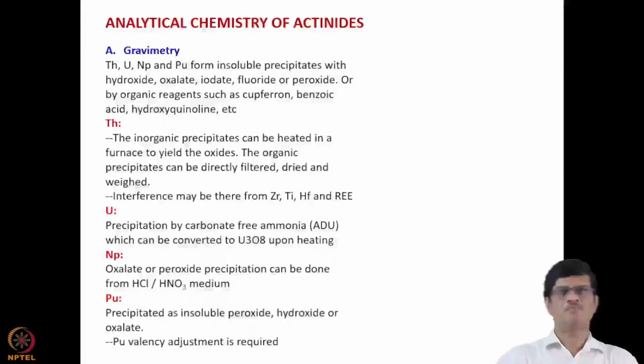For thorium +4, the inorganic precipitates, as I have already mentioned, such as thorium hydroxide, peroxide or oxalates, can be heated in a furnace to yield the oxide, that is ThO2, and the organic precipitates can be directly filtered, dried and weighed to give the exact amount of thorium.